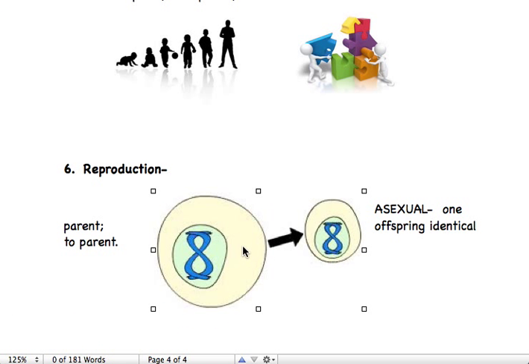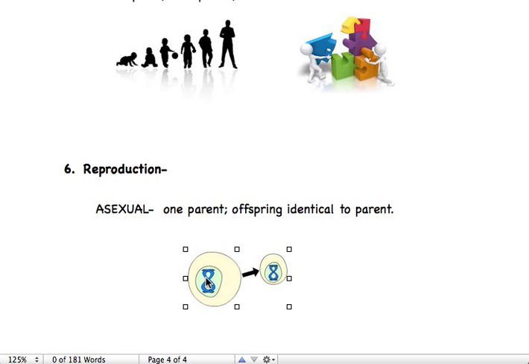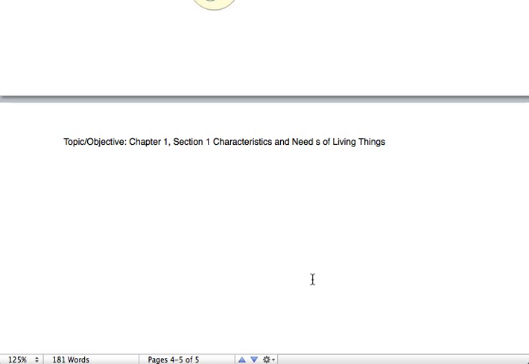So here's a little example. You see the parent cell over here, and the daughter cell or offspring over here, and they're exactly the same because there was only one parent.